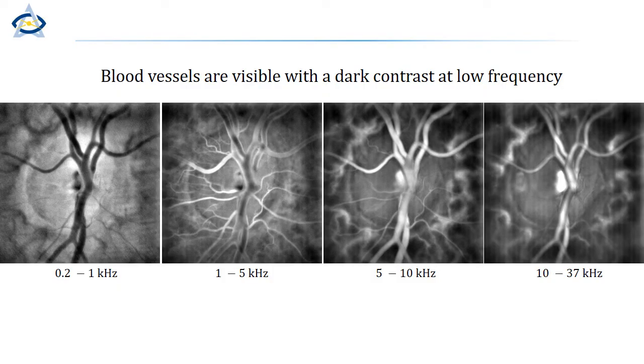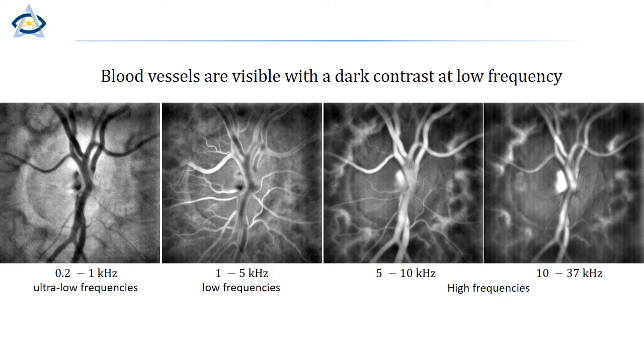And it is these ultra low frequency power Doppler images that we want to use in reverse contrast, because they are able to show vessels with a dark contrast. At low frequencies, you then see the small blood vessels that appear with a bright contrast, and you see the lumen of the large retinal vessels still with a dark contrast.